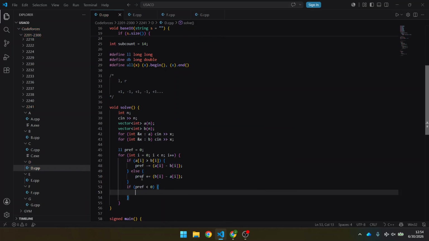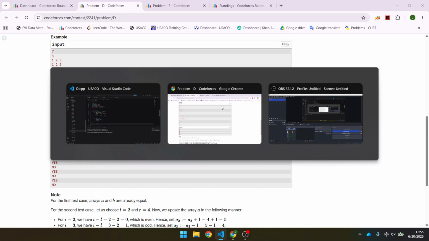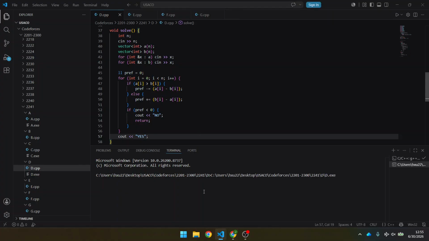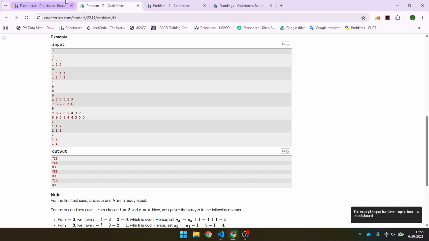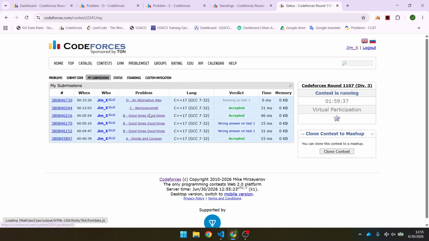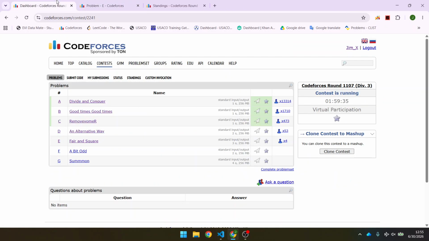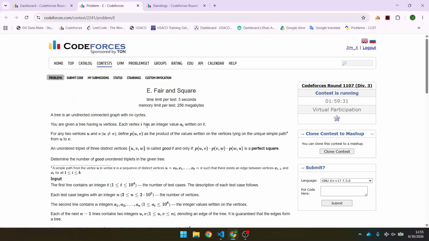If pref is less than 0, I'll output no, else return yes. Okay. I will explain the solution to the graded f later.